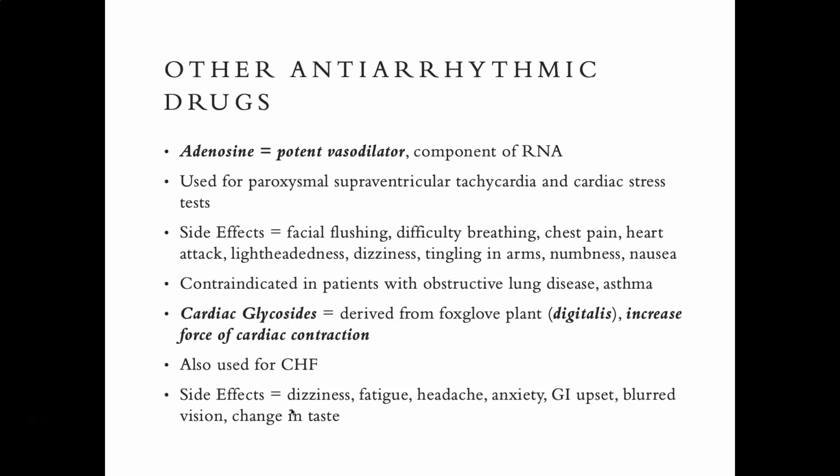You can see here side effects, and it's contraindicated in patients that have obstructive lung disease and asthma. Cardiac glycosides. These are all derived from the foxglove plant, known as digitalis. It increases the force of the cardiac contraction. So what I want you to know on this slide is adenosine is a potent vasodilator, and cardiac glycosides means digitalis, which has an increased force of cardiac contraction.